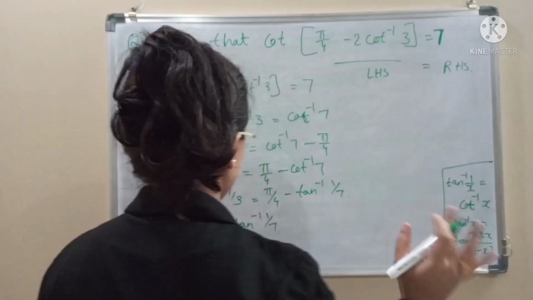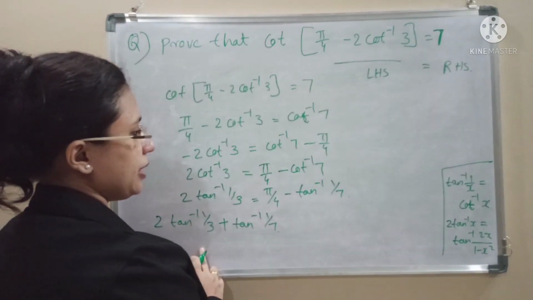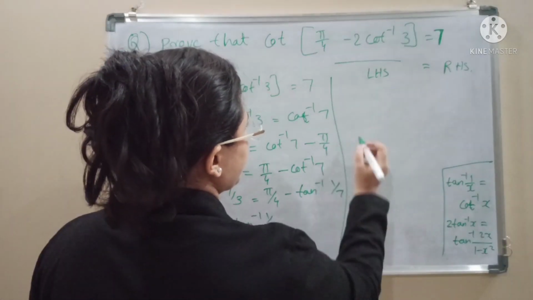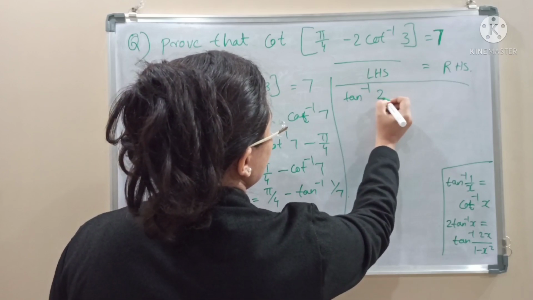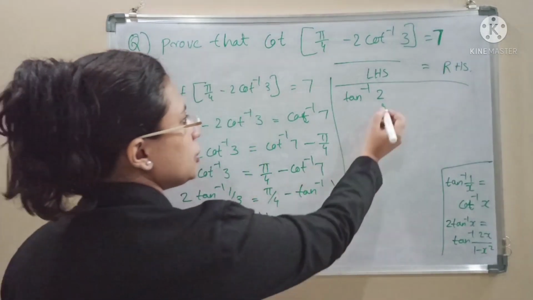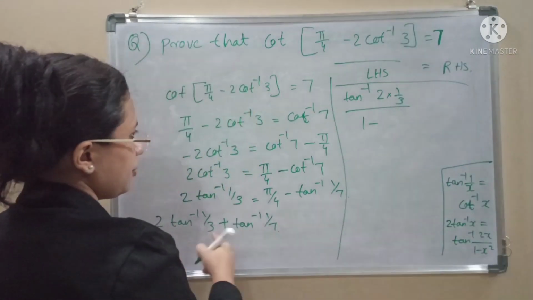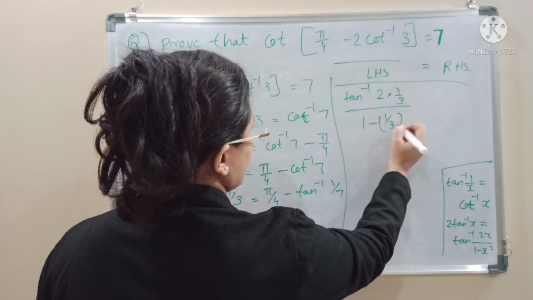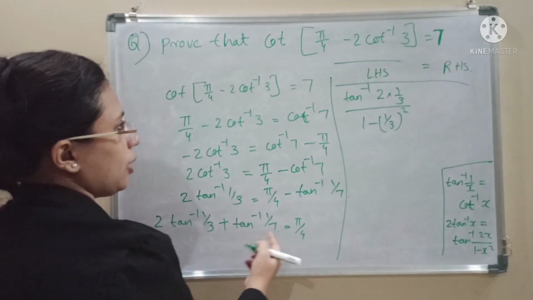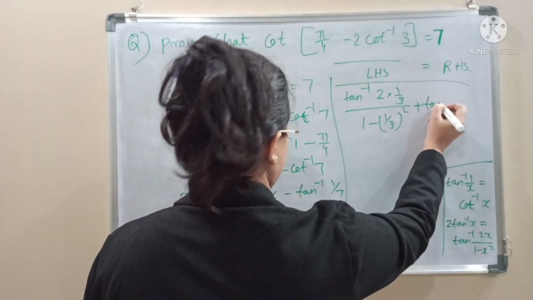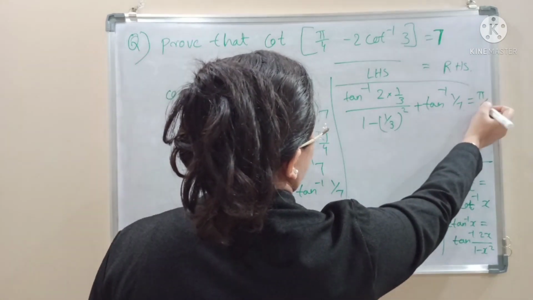Okay, so you have to write all the properties aside. So what will it be? This will be tan inverse of 2 into 1 by 3 divided by 1 minus 1 by 3 whole square, plus tan inverse 1 by 7 equals pi by 4.